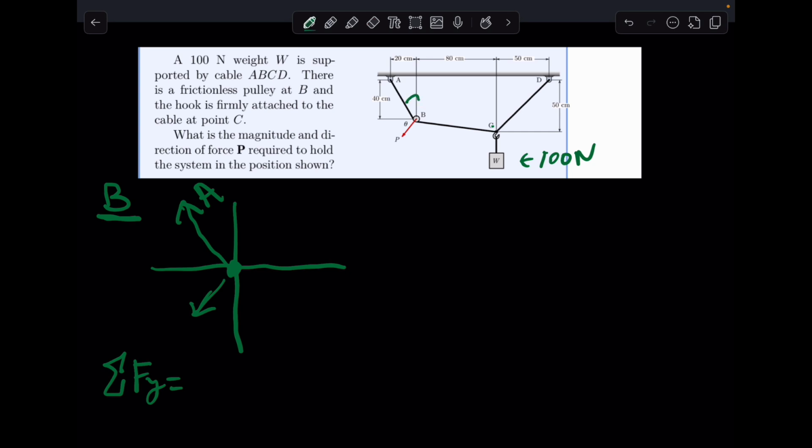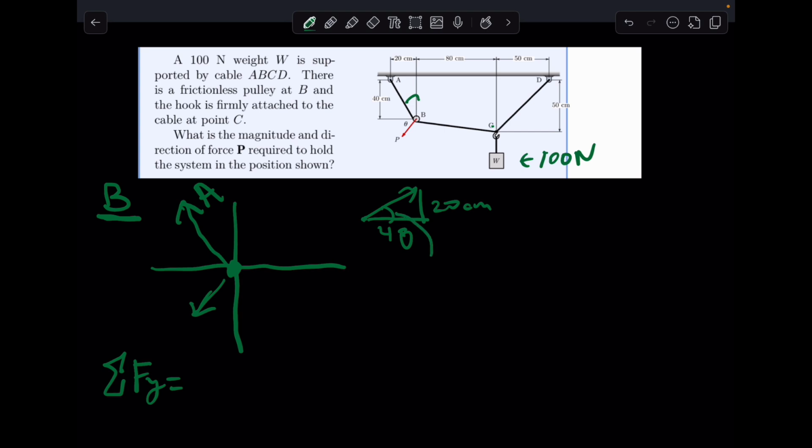We could just draw a little triangle. This is 40 and 20. Imagine we have a triangle here, where 20 centimeters is this side, and 40 centimeters is this side.